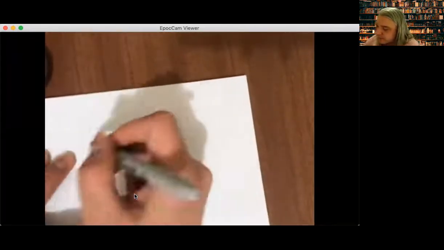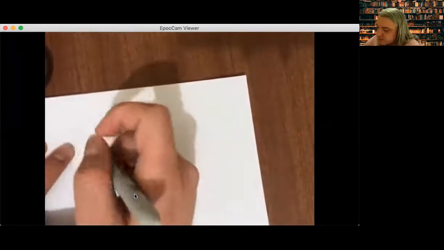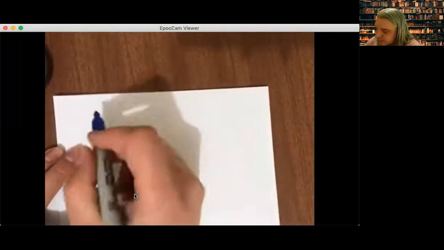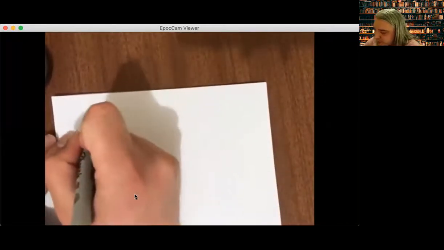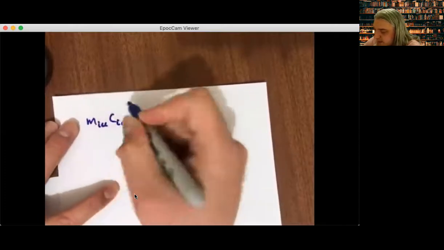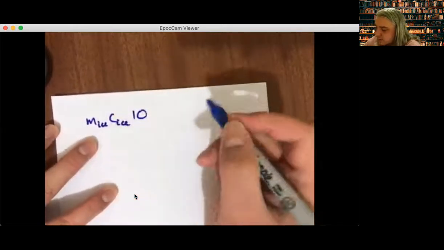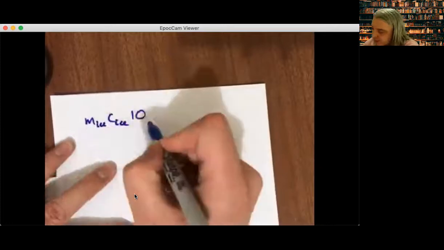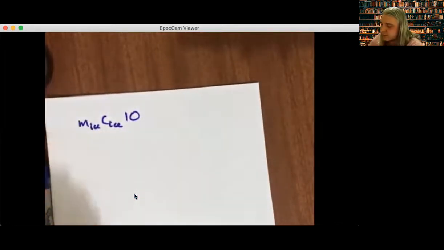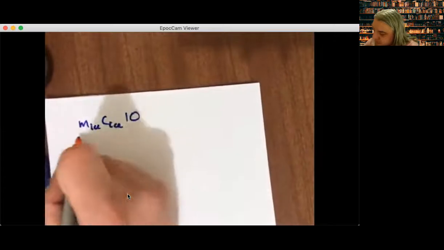What we know happened is that the temperature the ice had to go up initially was 10 degrees Celsius. So we have the mass of the ice times C of the ice times 10 Kelvin. That's the heat it needed to warm up to 0 degrees Celsius.